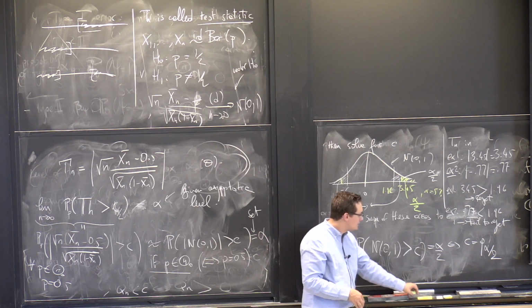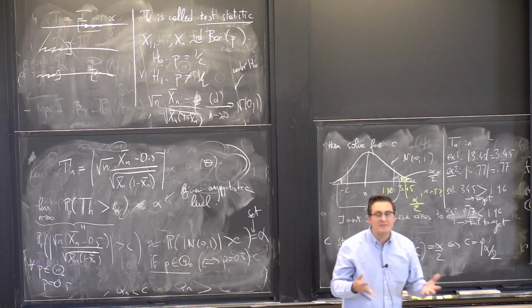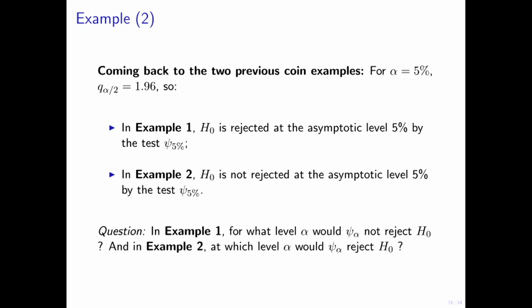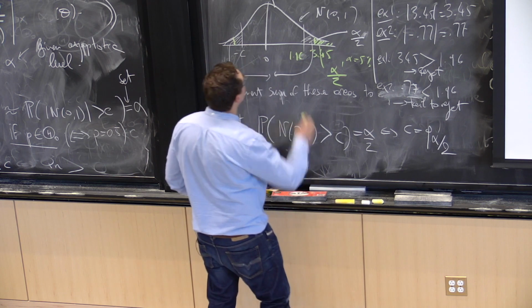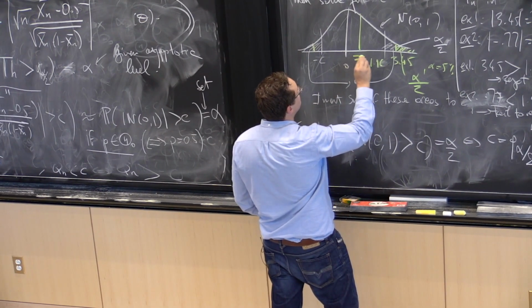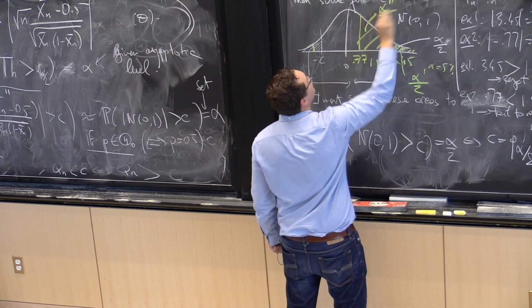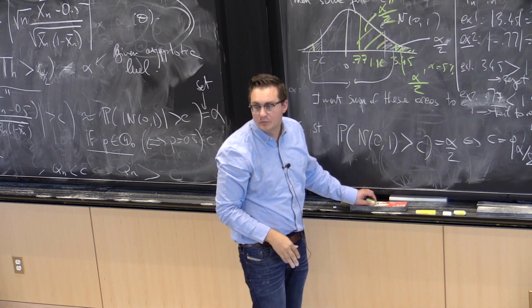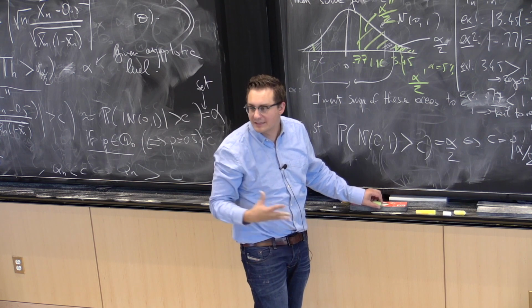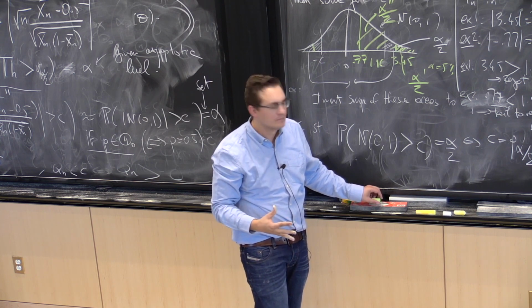And this number is called the p-value. Same for example 2: there's the tipping point alpha at which I go from failing to reject to rejecting, the area under the curve such that here I see 0.77, and this is alpha prime prime over 2. This alpha prime prime is clearly larger than 5%.